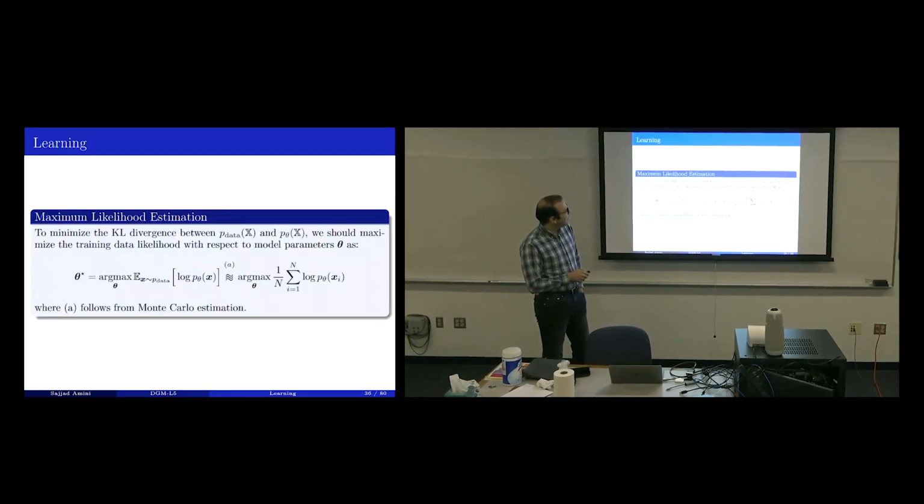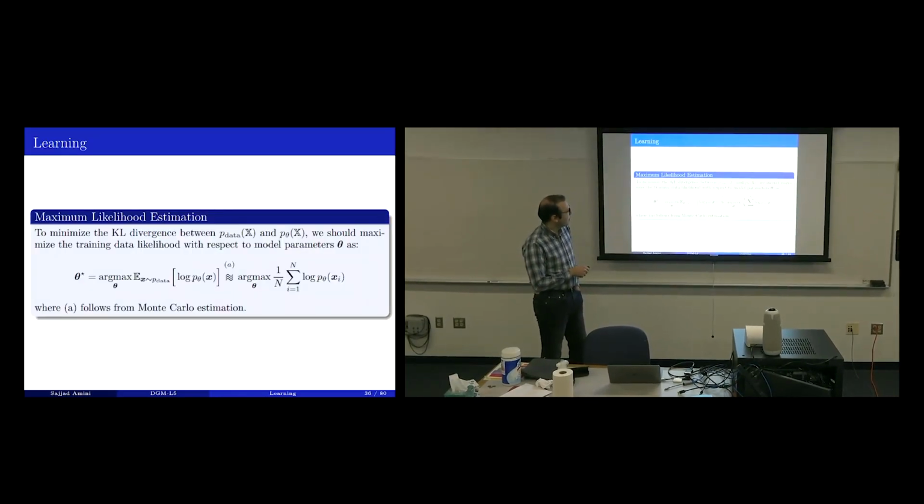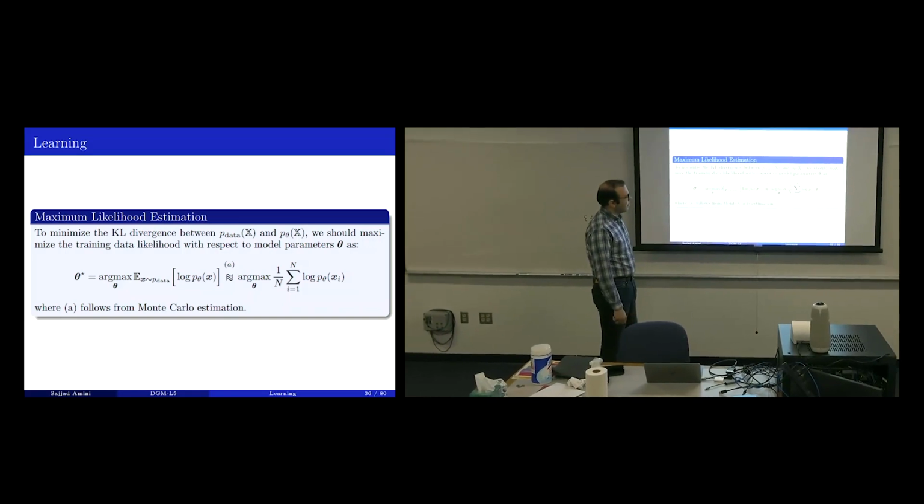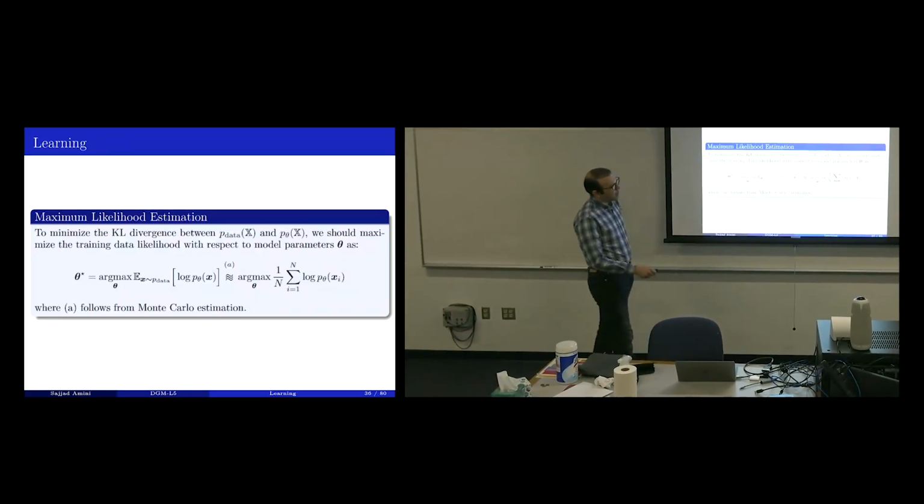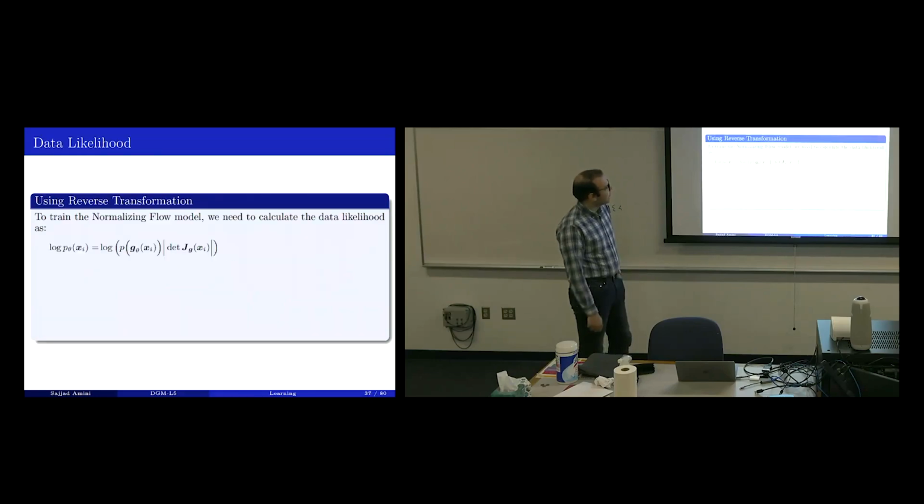Again, for the learning, we need to maximize the likelihood of data coming from the data distribution under your model. How probable your model assumes the data coming from the true data distribution. If you maximize it in terms of the parameters of your transformation, it means that you are training the model. And we saw how we can calculate the likelihood of data.